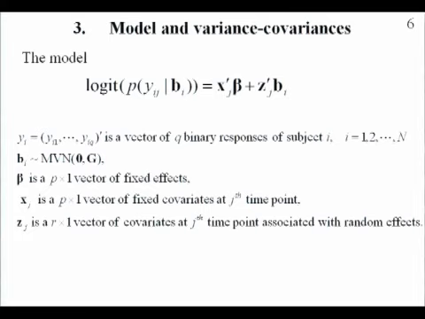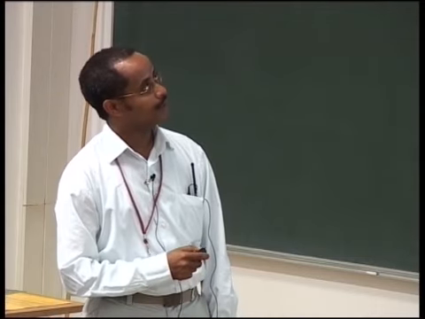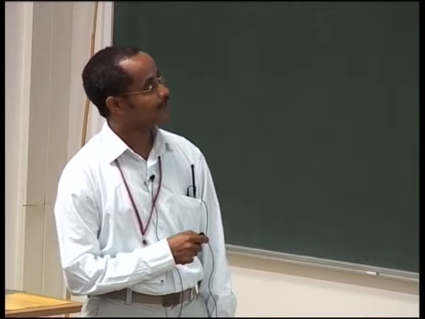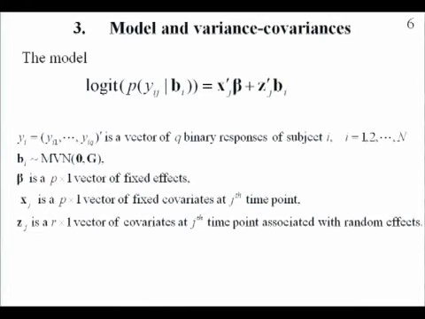In the fixed part, we have the design vector x prime sub j, and beta is the fixed effects parameters. Usually we are interested in estimating this parameter, so the question is, what are the optimal design points to estimate this fixed effects parameter optimally, or in an efficient way. The second part of the linear predictor is the combination of the coefficients of the random effects, and this vector could be a sub vector of the fixed part.